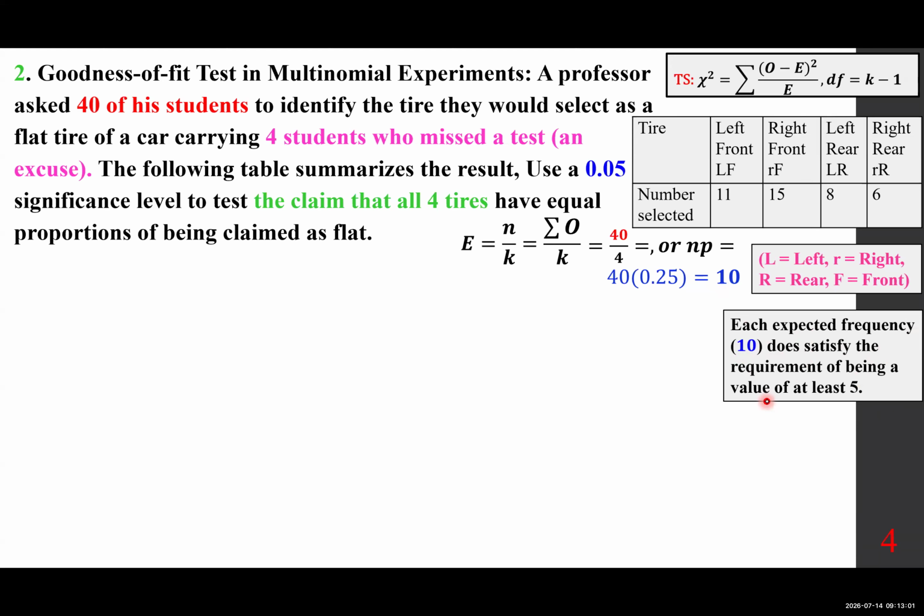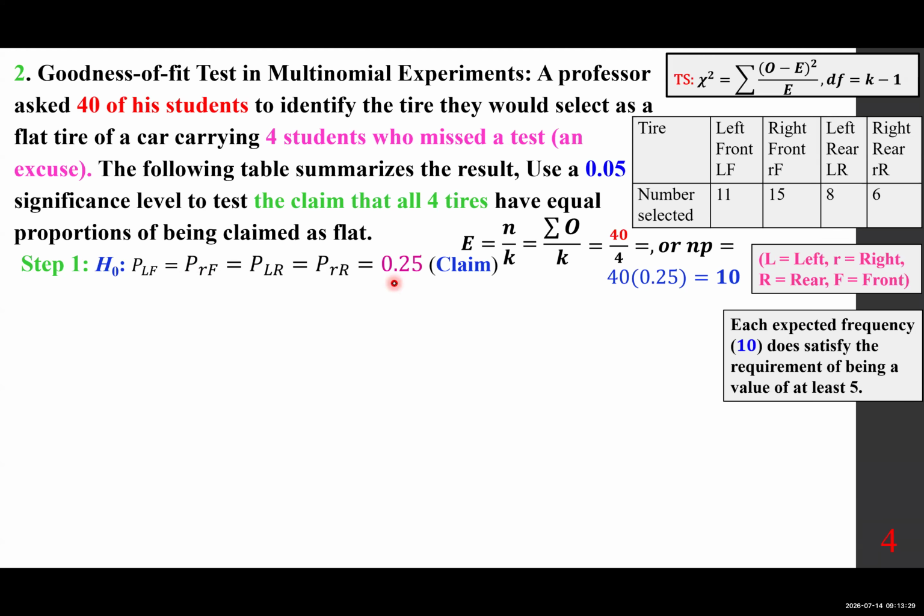So we have no problem. That's important to understand. Having said that, step 1, H0: the probabilities of left front and right front and so on are all the same, and they happen to be equal to 0.25, and that is the claim.